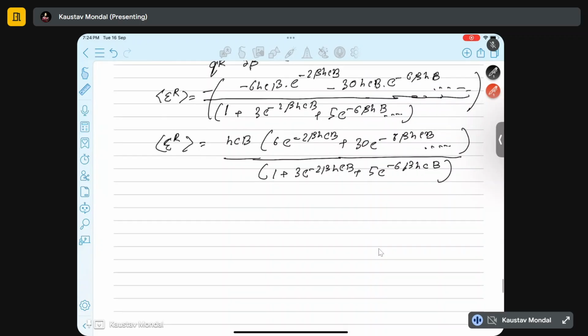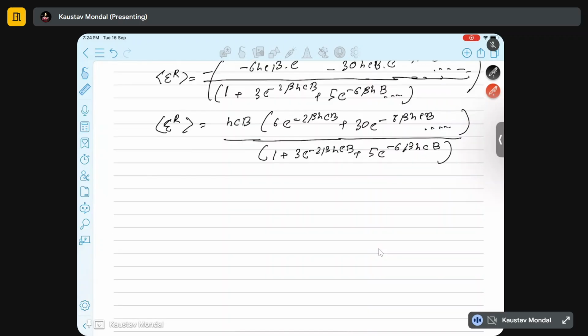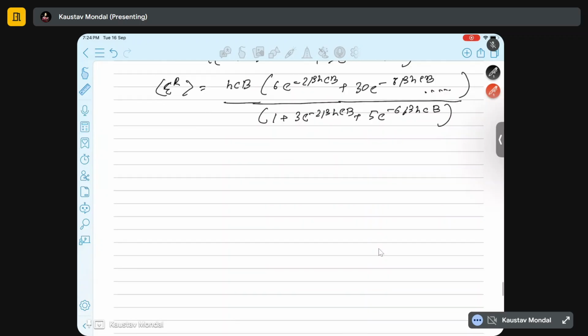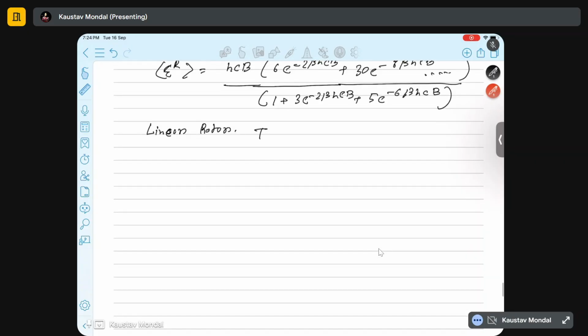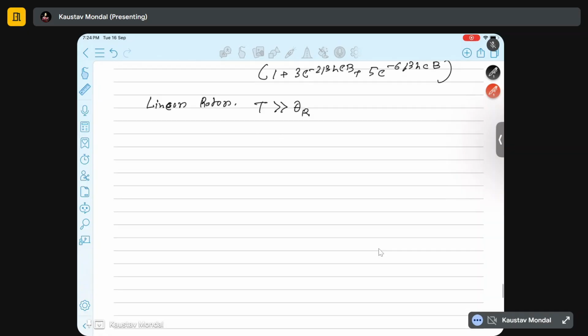So we got the average rotational energy. Now what we can do from there is approximate the expression for the case of a linear rotor, when T is greater than or equal to theta, the characteristic rotational temperature.